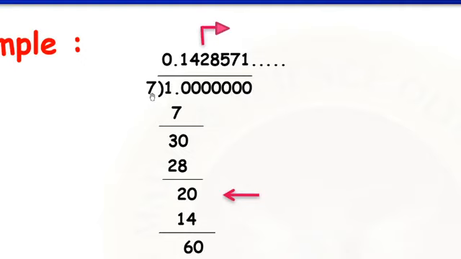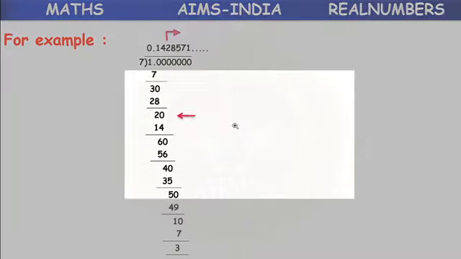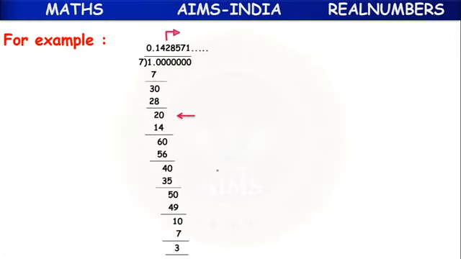So we can take 0 point, so it will become 10. 7 1 times 7, 3 is remaining, 30. 7 4 times 28, 2 is remaining, 20. 7 2 times 14, 6 is remaining, 60. 7 8 times 56, 4 is remaining, 40. 7 5 times 35. Like that we are having the division process of 1 by 7.